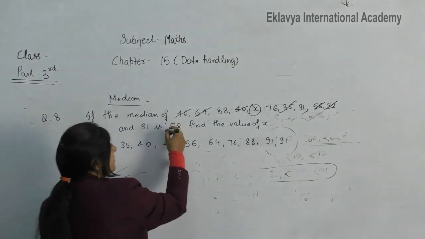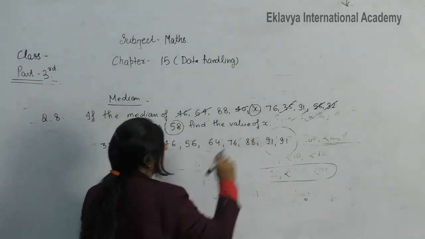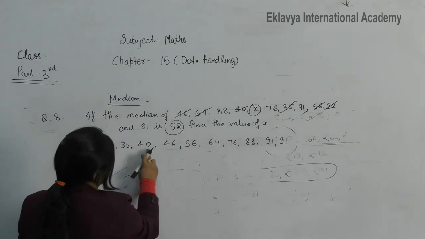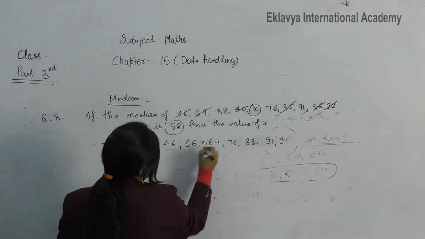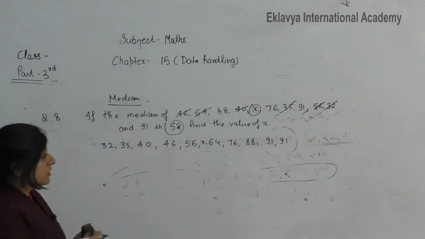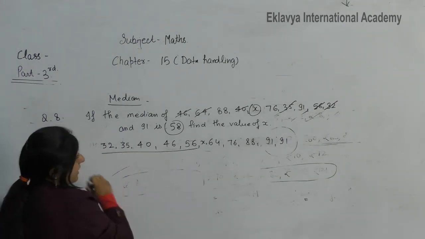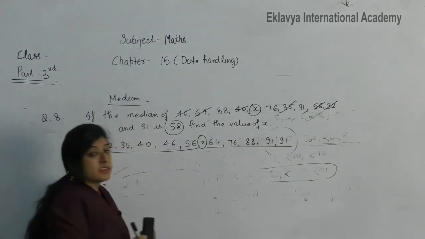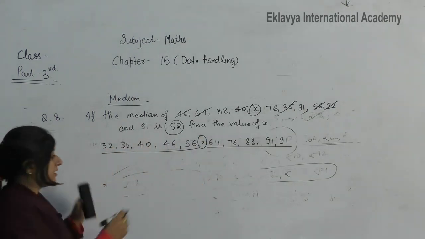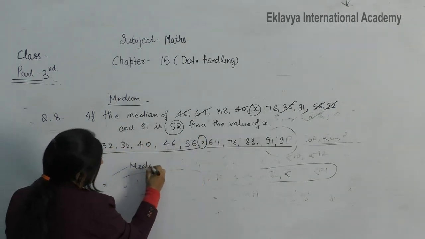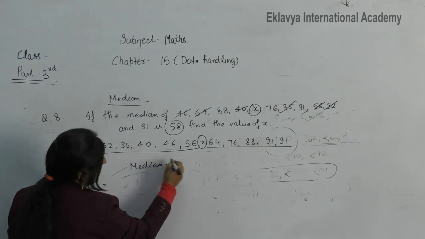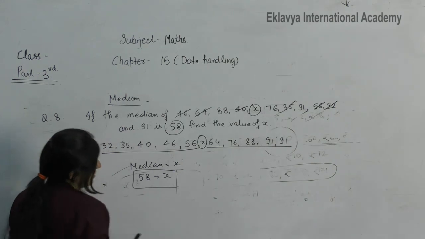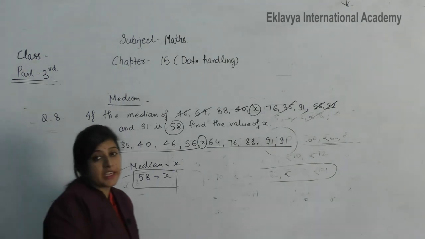The median is given as 58, which is not among the values here, so we take 1, 2, 3, 4, 5 here, then X. If you take 5 observations here and 5 observations here, this X is the median. It means the median is equal to X, and the median is given to you as 58, so the value of X is equal to 58.